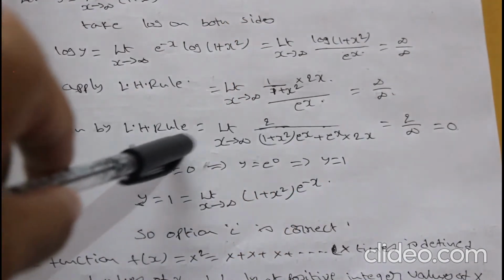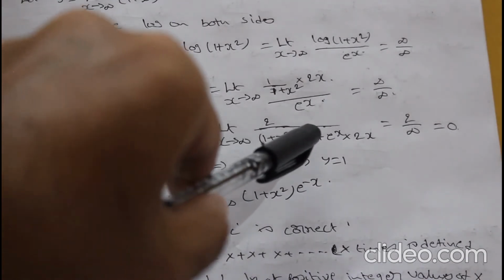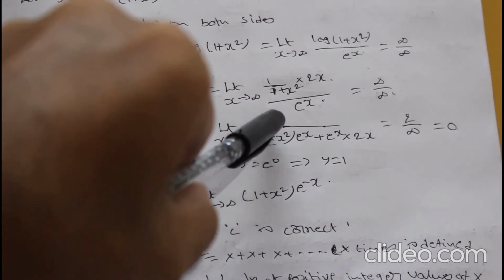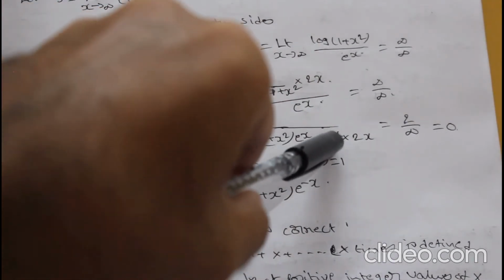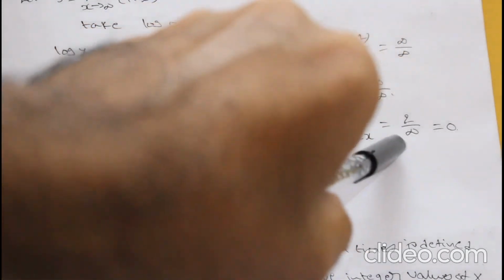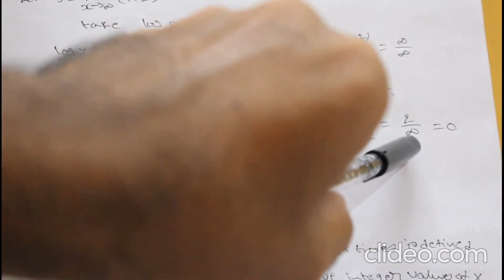Now apply x tends to infinity in the function. So in the numerator only you have the constant, so 2 divided by 1 plus infinity e power infinity plus e power infinity into 2 into infinity, that total will be infinity. So 2 by infinity, so 1 by infinity is 0, so 2 into 0 is 0.